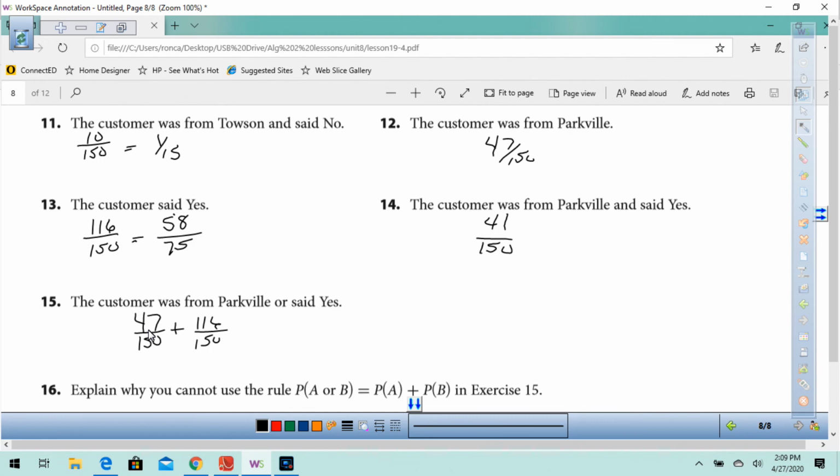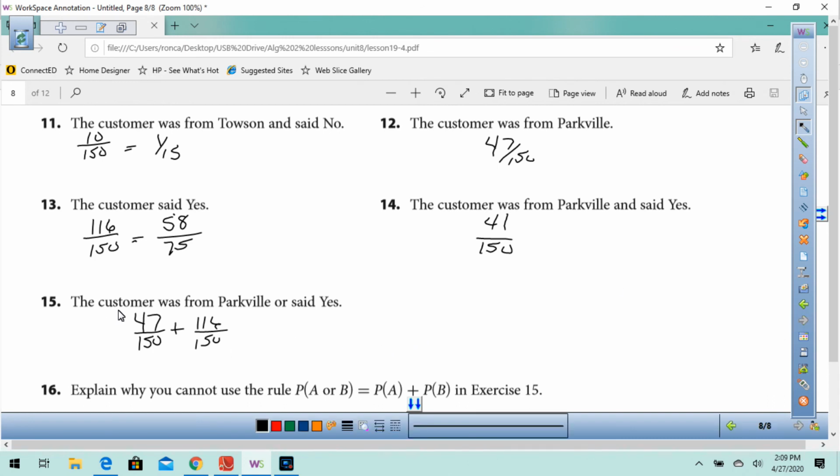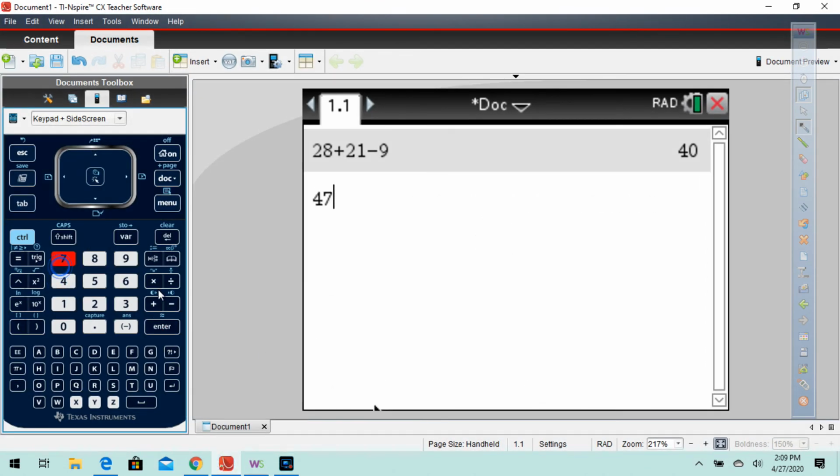Now, we counted everybody in Parkville here, so we're going to need to take out the ones that were from Parkville and said yes. So we're going to need to take this out, minus 41 over 150. So we got 47 plus 116 minus 41. 122.